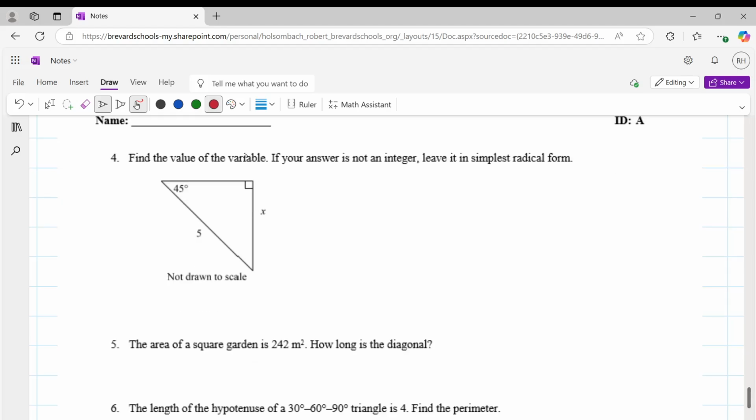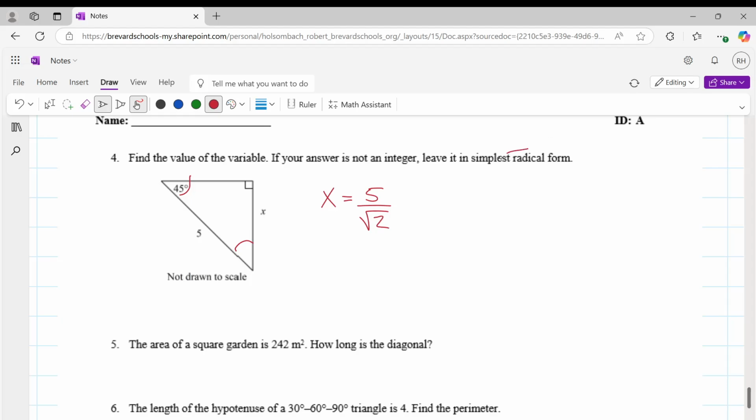Problem number 4, find the value of the variable. If your answer is not an integer, leave it in simplest radical form. So again, we've got a 45, 45, 90 right triangle. They're given the hypotenuse. So x is equal to 5 divided by radical 2.